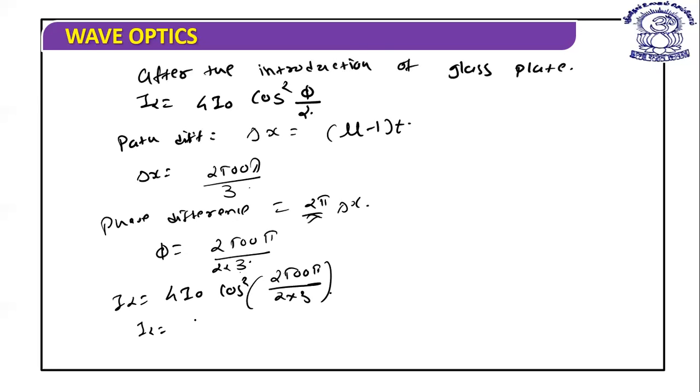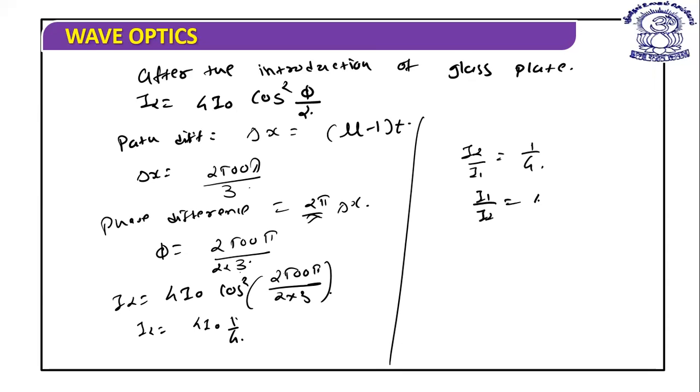So I2 will be equal to 4 I naught into 1 by 4. Taking the ratio, we will get I2 by I1 is equals to 1 by 4. So I1 by I2 will be equal to 4. So option 3 is correct option over here.